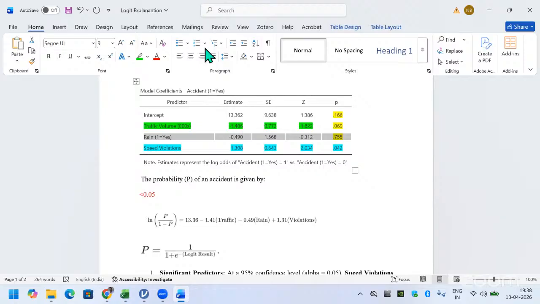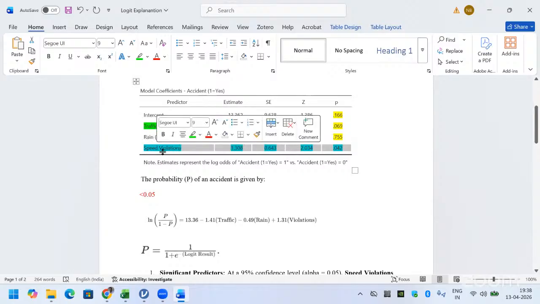Slow, definitely. People go slow and take more care, and because of that there is no problem. Most of the accidents are happening because of speed violations.